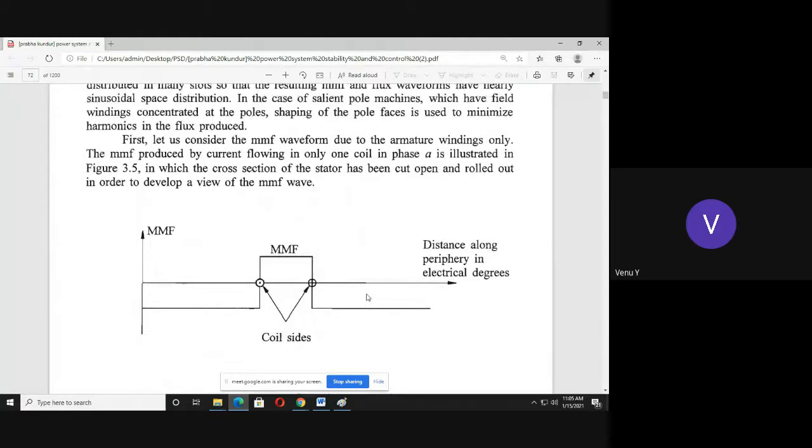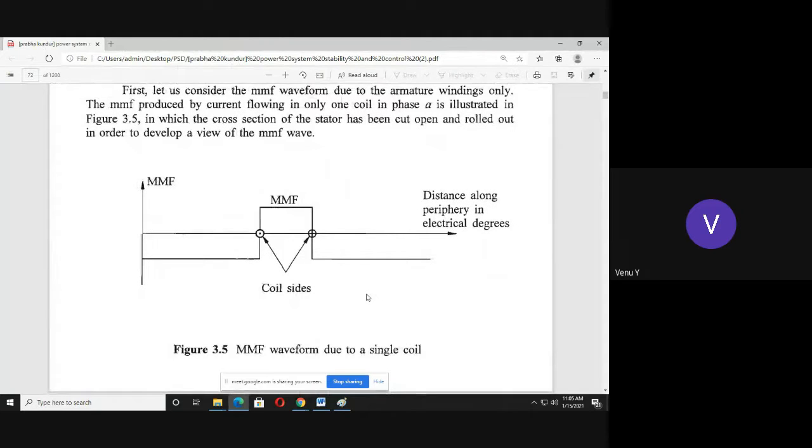Now let us understand the MMF wave of a synchronous machine. Let us consider a single coil. Coil side, so one coil, when it is under the influence of south pole, is dot.